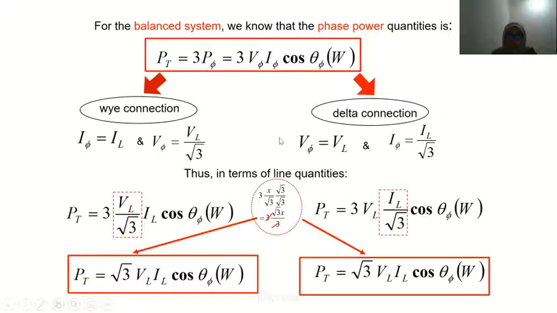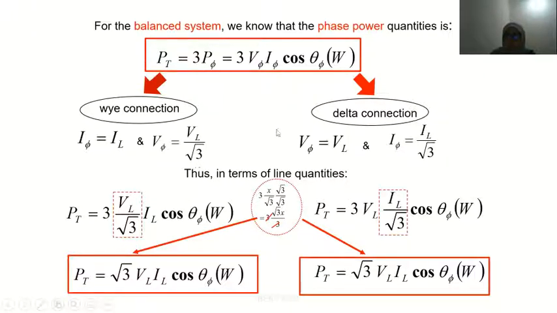Previously, for P total we used the phase values, V phase and I phase. Besides that, we can also find the active power by using the line quantities, by expressing I phase and V phase in terms of IL and VL.